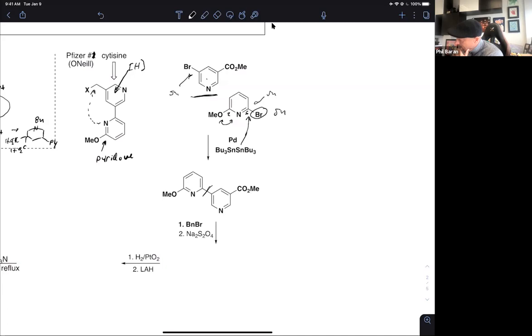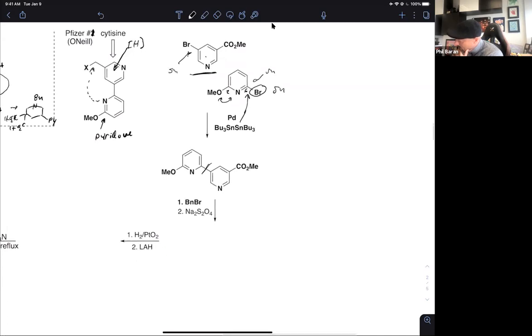So we've got another reactivity conundrum to sort through, and that is, in this next step, they treat this with benzyl bromide. And we've got potentially two nitrogens by which the benzyl bromide can react. And maybe the logic that we just talked about can help us with understanding where this pyridinium is going to form.